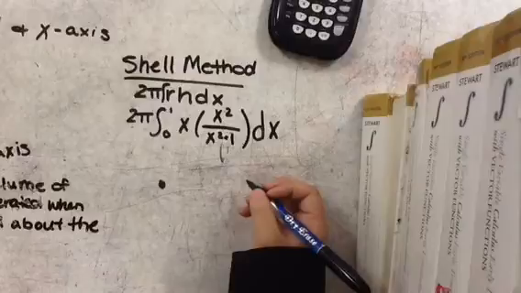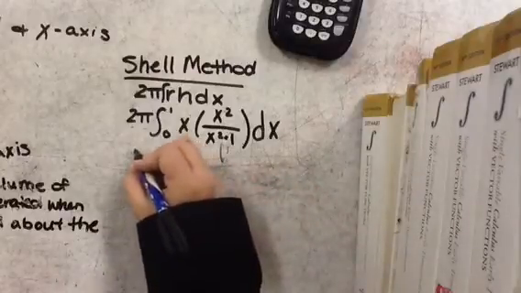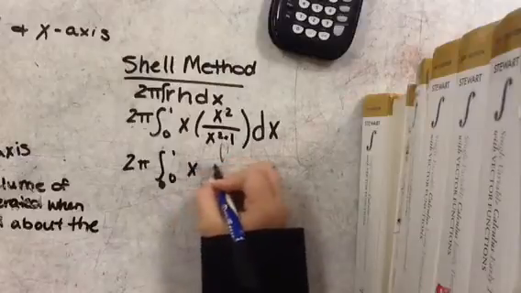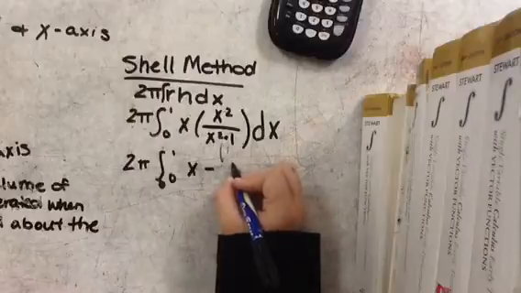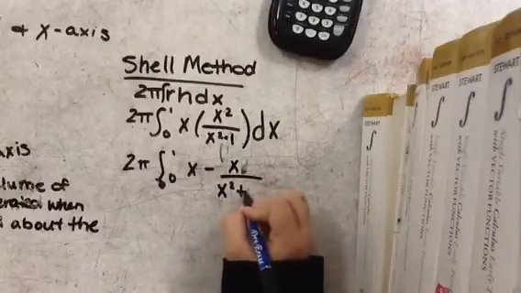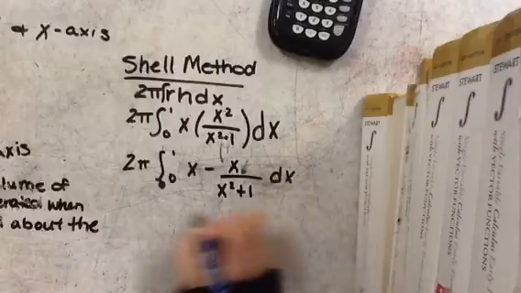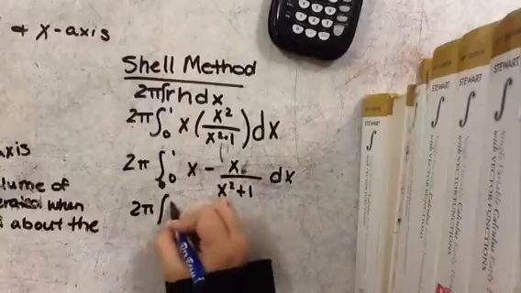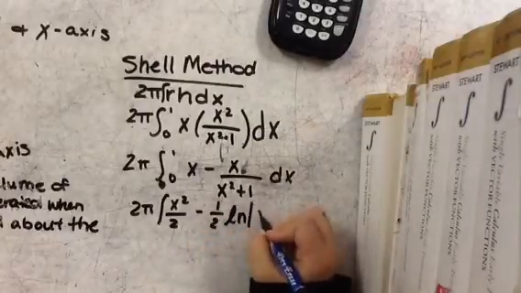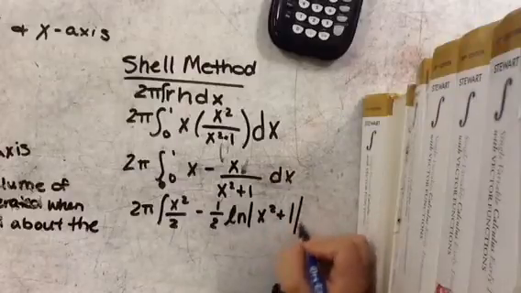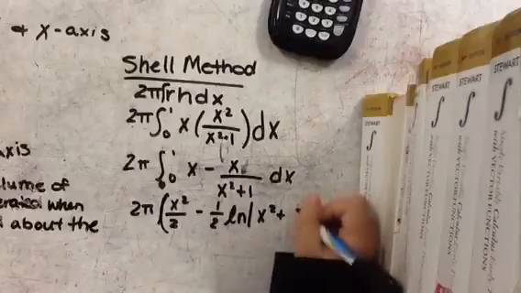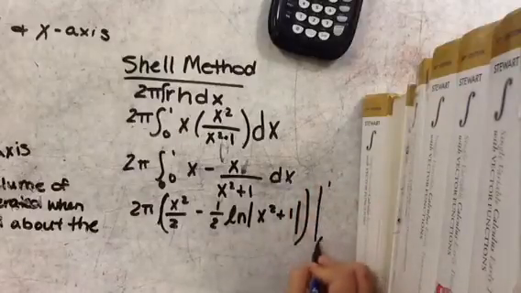So now we're going to solve this. 2 pi from 1 to 0 of x minus x over x squared plus 1 dx. 2 pi times x squared over 2 minus 1/2 the ln of x squared plus 1, from 1 to 0.